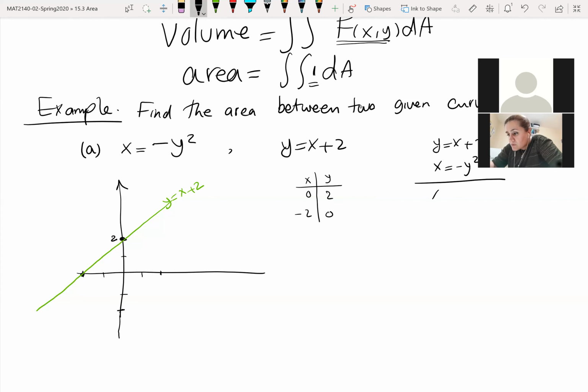So that gives you x equals negative, and plug in y to be x plus 2, to the second. Is that fine? So the intersection is plugging in from here. That gives you x equals negative x squared minus, sorry, plus 2 times 2 plus 4, and that is going to be minus x squared minus 4x minus 4.